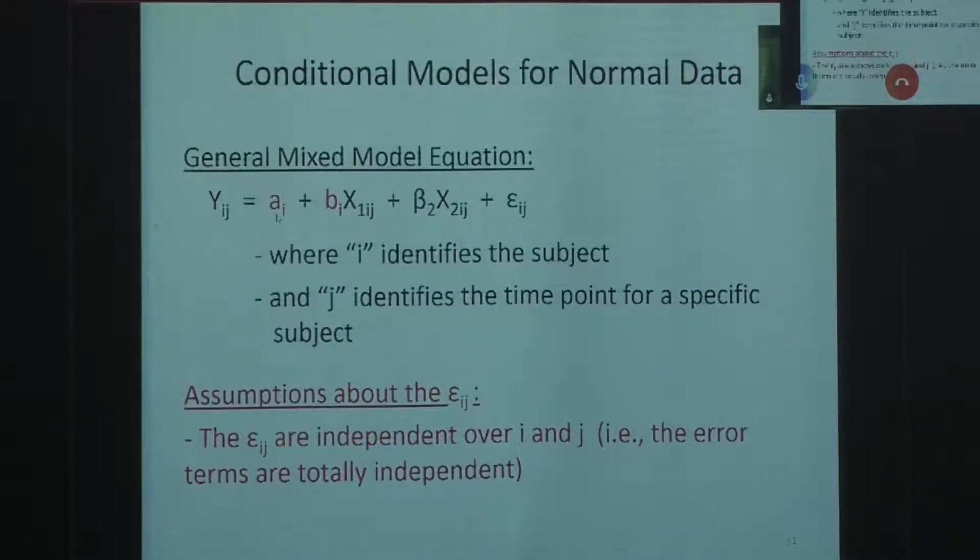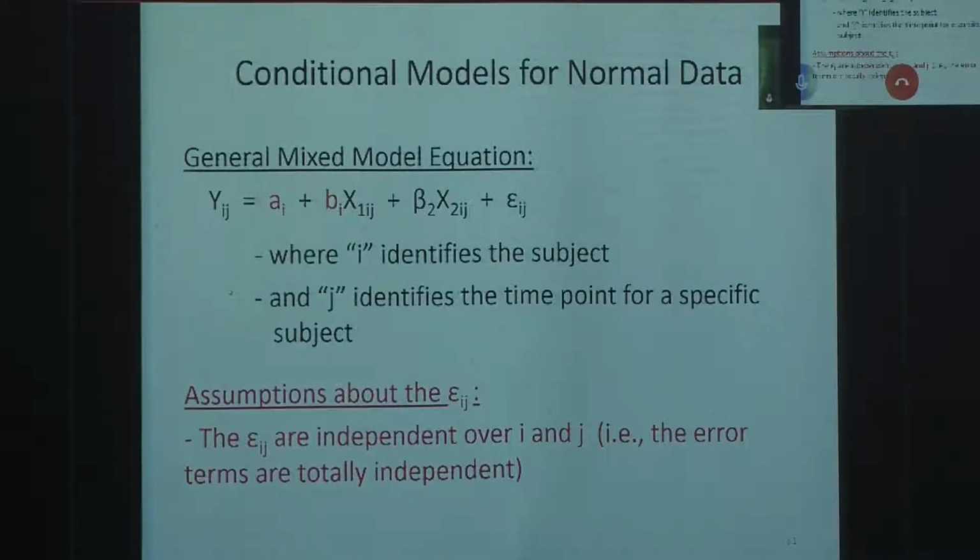Everybody has their own intercept and everybody has their own slope. And the epsilons are back to being independent. So for a marginal model, I work with the epsilons to introduce the correlation. With a conditional model, the epsilons are back to being independent across people and across time, and the correlation is captured through A_i and B_i.